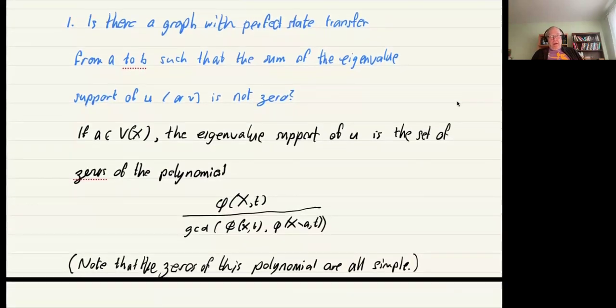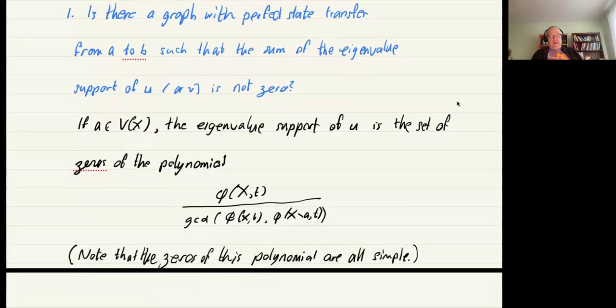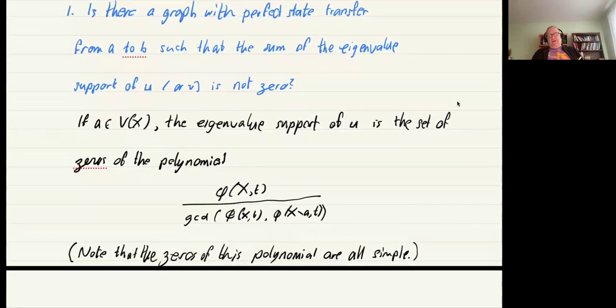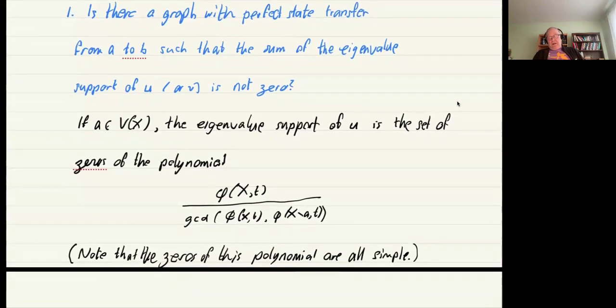Okay. And there's a bit of a question that, when you're doing these sorts of calculations with the eigenvalue support, it's nice if you can do them in exact arithmetic. And in this case you can, because the eigenvalue support is just the set of zeros of this polynomial.